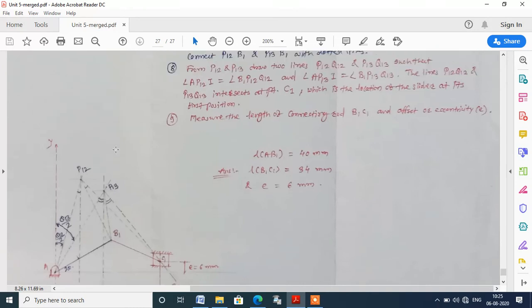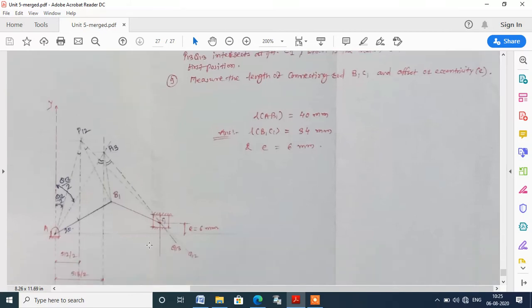Both lines, P12Q12 and P13Q13, meet at some point. That point is C1, the point of intersection. Mark this point as C1. Then join B1C1. Length AB1 represents the crank, which we already know is 40 mm, and B1C1 represents the connecting rod, which in my case comes to 34 mm.